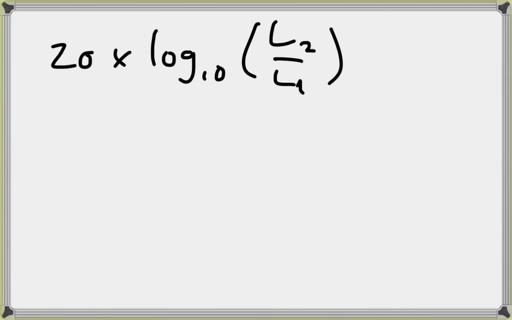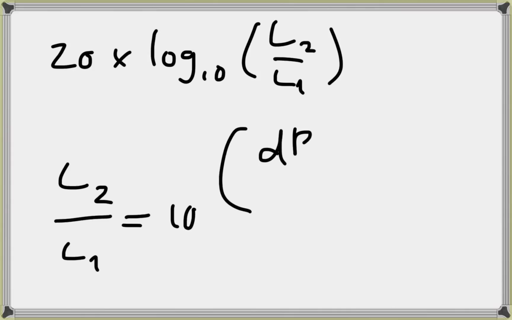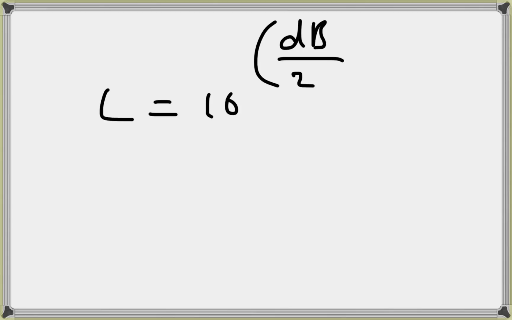So we rearrange the equation, and our fraction L2 divided by L1 is 10 to the power of that decibel value divided by 20. And since we made life easy by setting L1 to 1, it basically disappears altogether, and that brings us to level equals 10 to the power of our decibel value divided by 20.